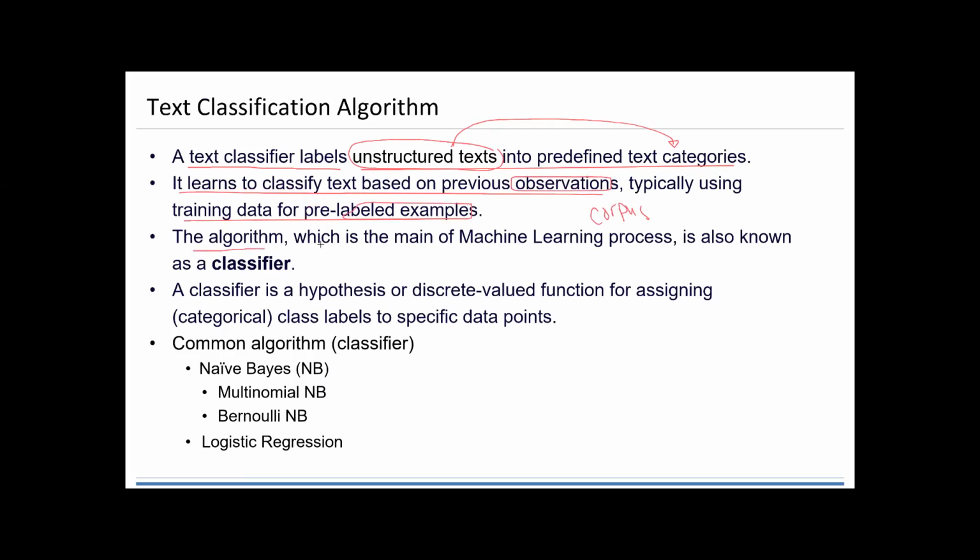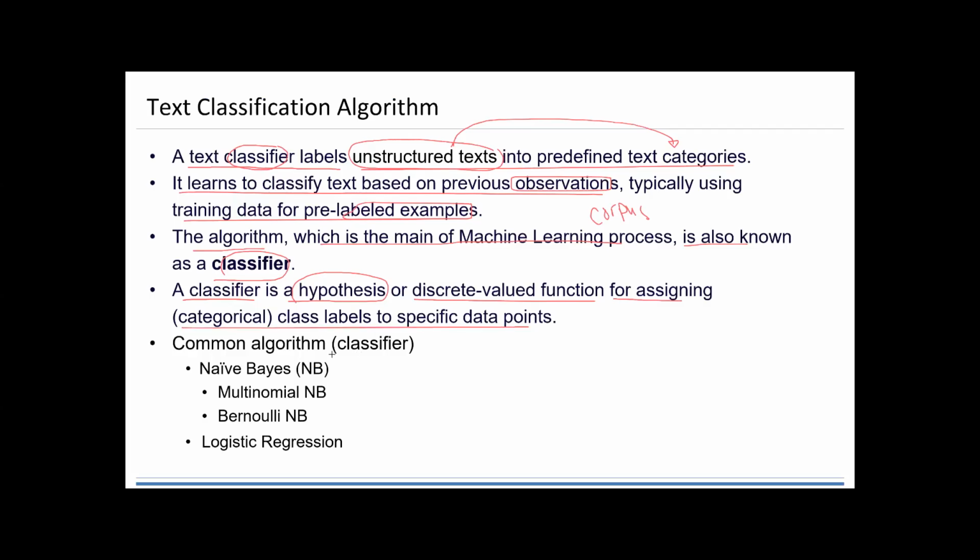The algorithm, which is the main machine learning process, is also known as a classifier. So the word algorithm or classifier can be used, and a classifier is a hypothesis. Hypothesis means something we want to analyze, or it can also be a discrete value function for assigning categorical class labels to specific data points.